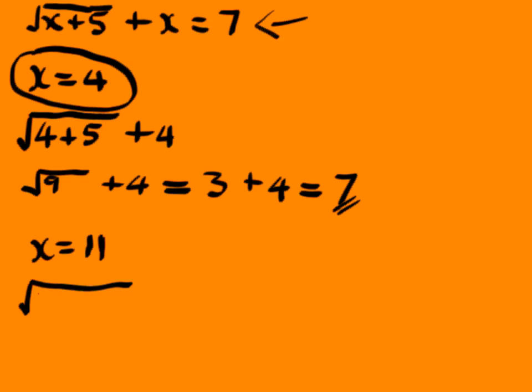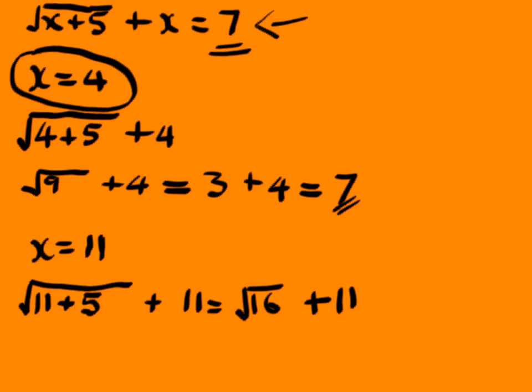So we have the root of 11 plus 5, plus 11. 11 plus 5 gives us 16, so we have the root of 16 plus 11. Let's see if the answer would be 7. The root of 16 gives us 4, plus 11, and this gives us 15.